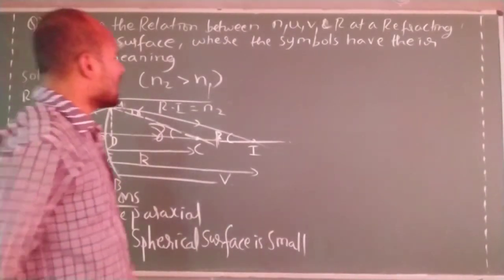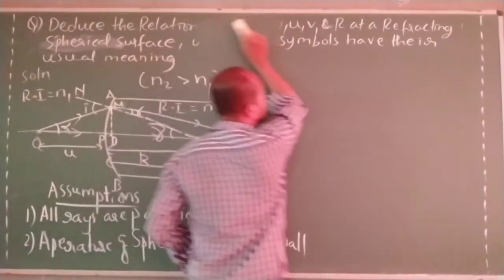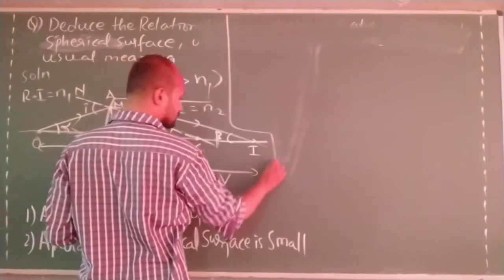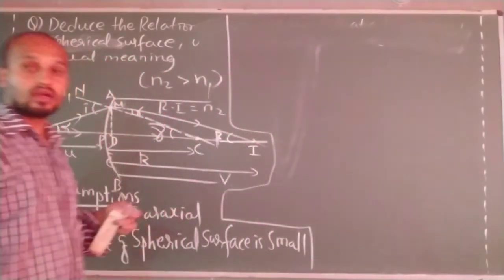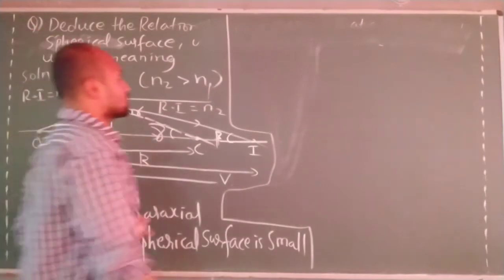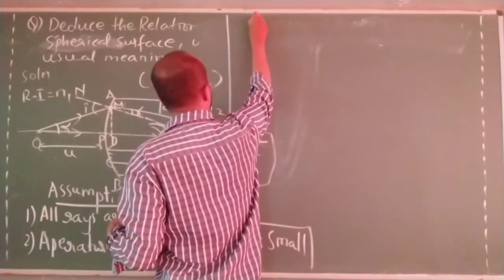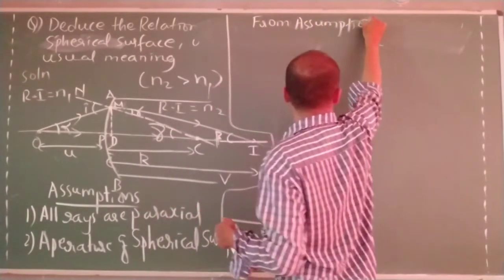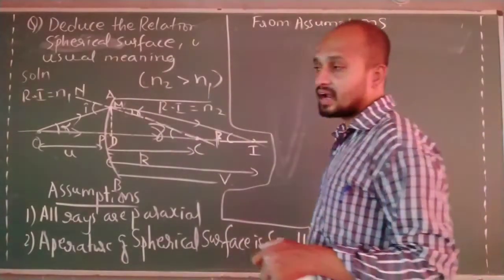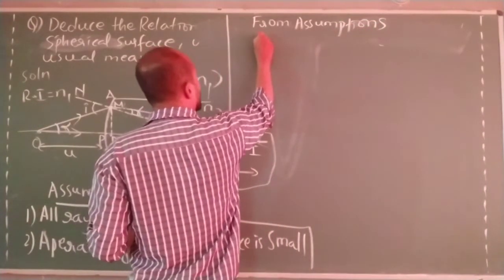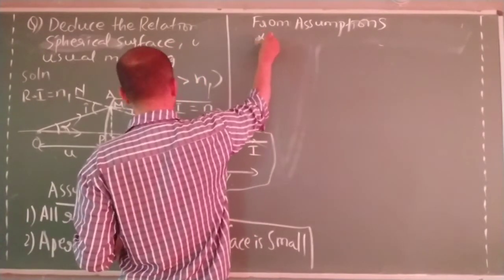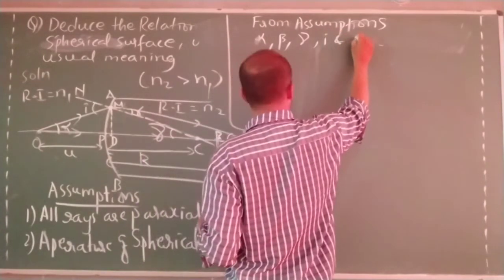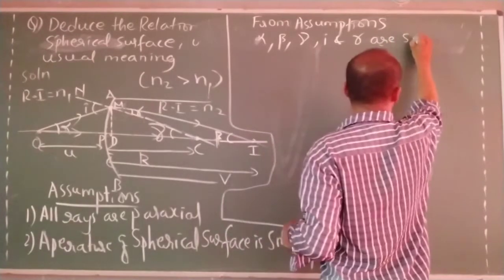Okay, I am going to solve the steps. Based on these assumptions, I can write: angles alpha, beta, gamma, I and R are small.